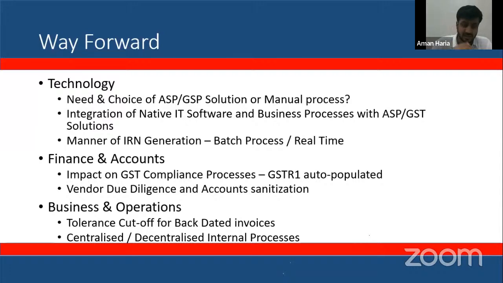And last, as far as business and operations are concerned, see, as of today, today is 5th August. If I want to generate an e-invoice for 31st of July, the system allows me to do it. But from the officer's perspective or the government's perspective, these are the type of transactions which will be immediately highlighted to them.